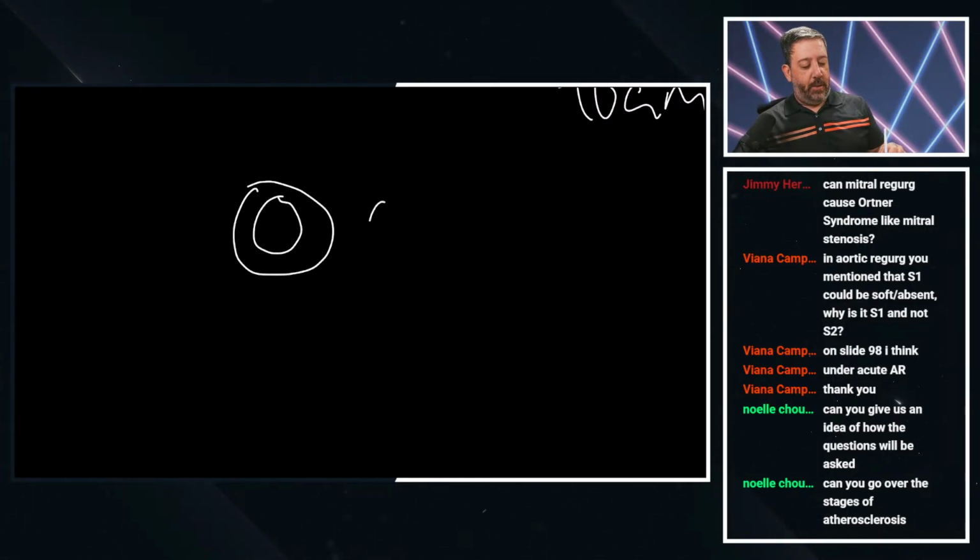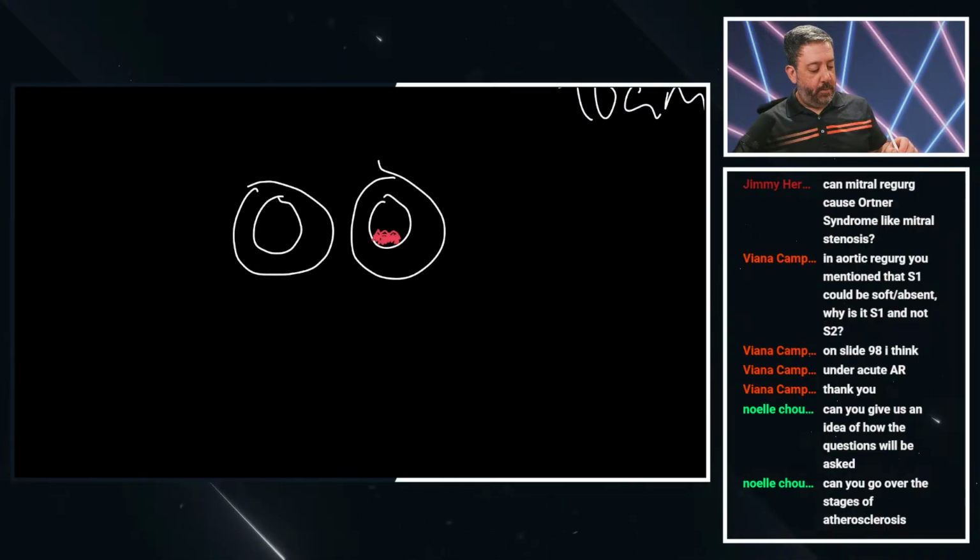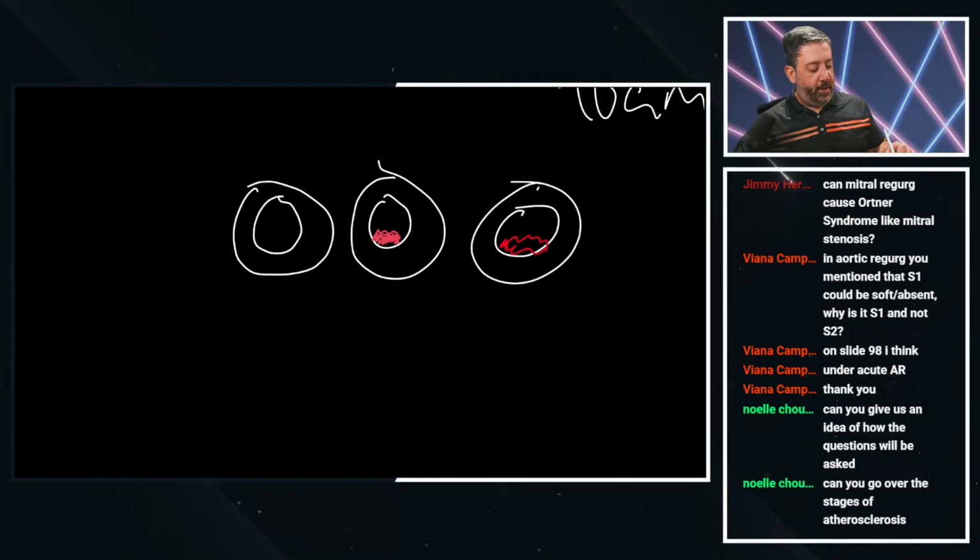So what happens is we go from here's one vessel. Now this vessel has undergone atherosclerotic changes. We have an injury to that area. Next thing that happens, this injured area is still there, but then we get a fibrous cap.